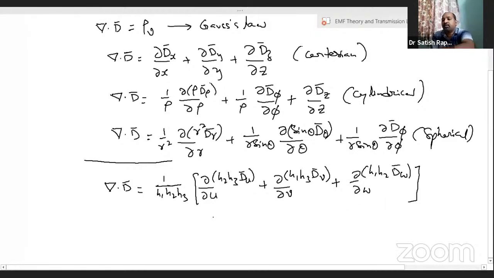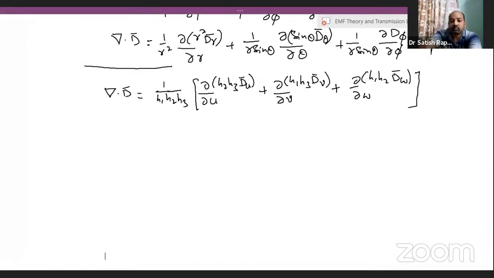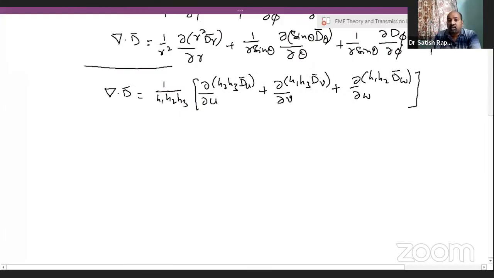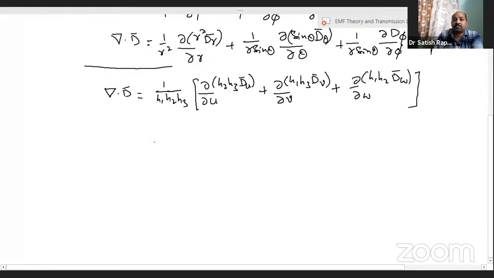Now, what are h1, h2, h3 and u, v, w for the different coordinate systems? That we will see.